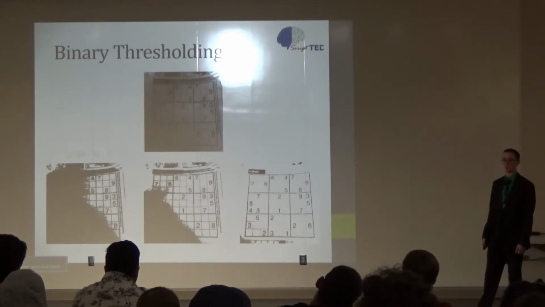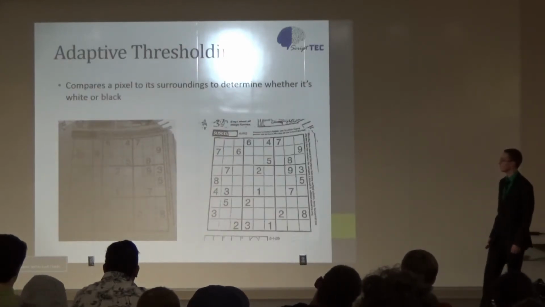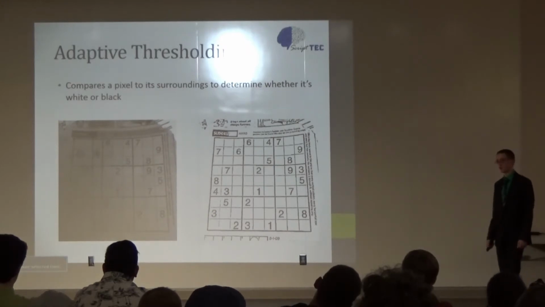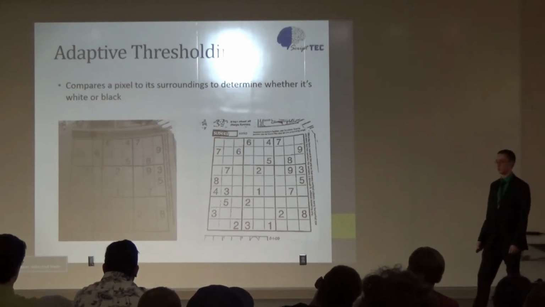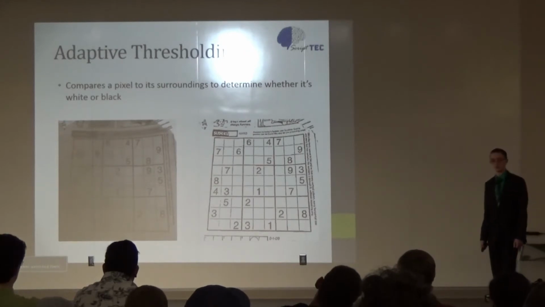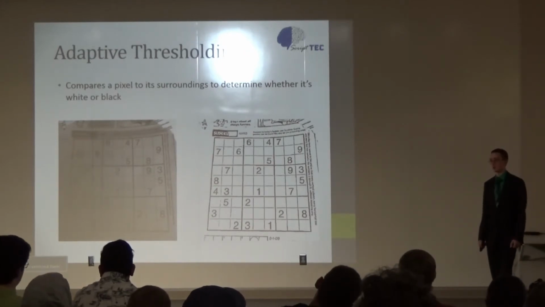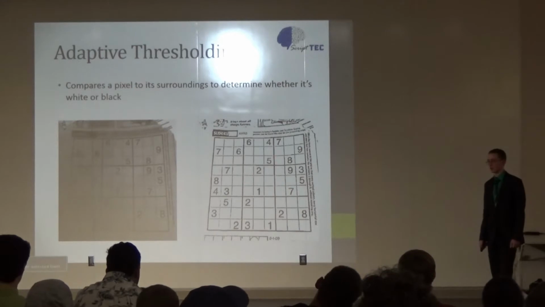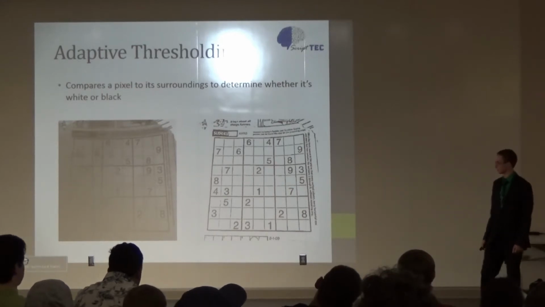The solution to this is adaptive thresholding. Adaptive thresholding is, rather than comparing the entire image to a single value, each pixel is looked at within a region around it and compared to the other pixels. So if a pixel is a lot darker than everything around it, it becomes black. And if it's a lot lighter than anything around it, it becomes white.